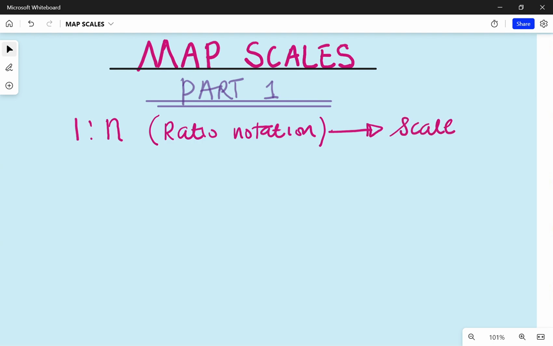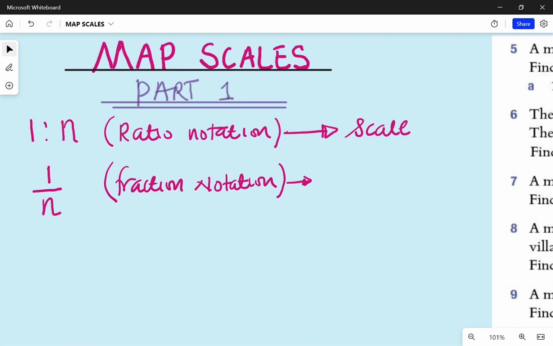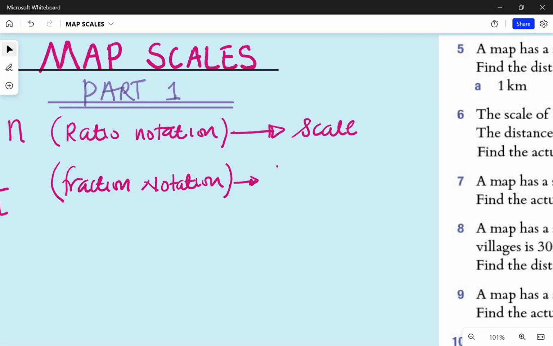Now, as a representative fraction, if it is written as a fraction, maybe 1 over n, this is a fraction notation. Because it is in fraction notation, I'm now going to call this a representative fraction.